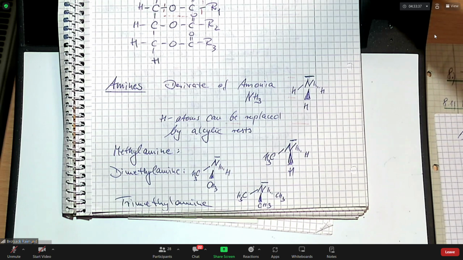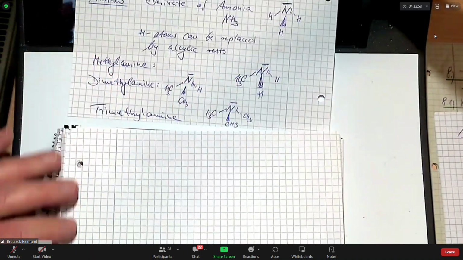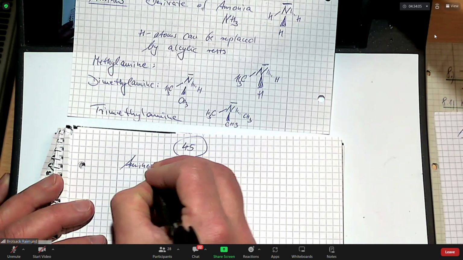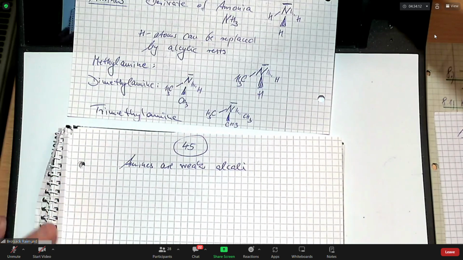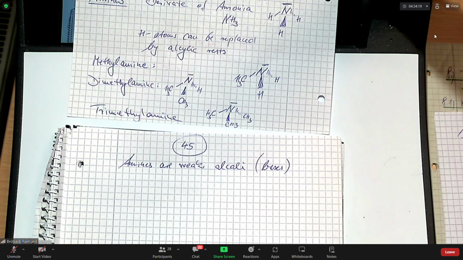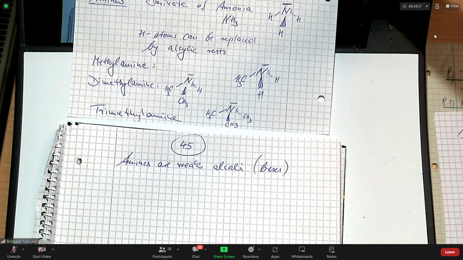Amines are weak bases or weak alkalis, because they can accept the proton.